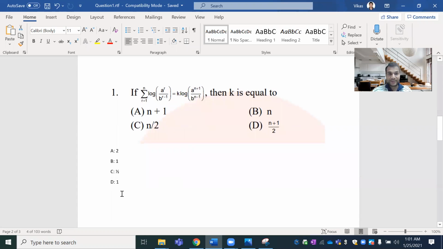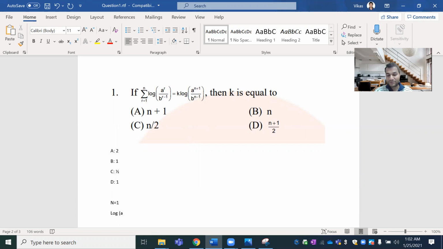So let's try n is equal to 1. What will you get in the first equation? Because r is equal to 1 goes to n is equal to 1, it will be just 1. So it will come log a, right?